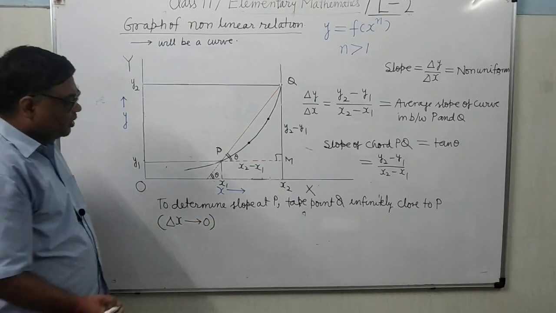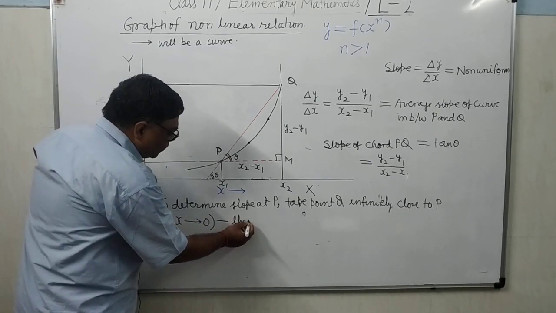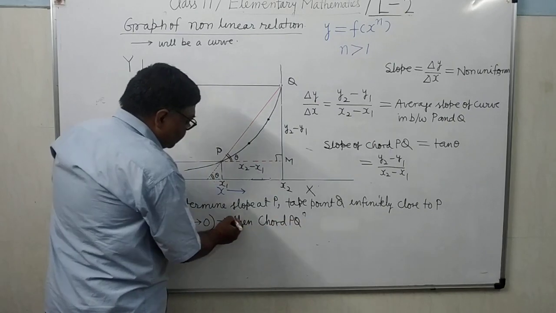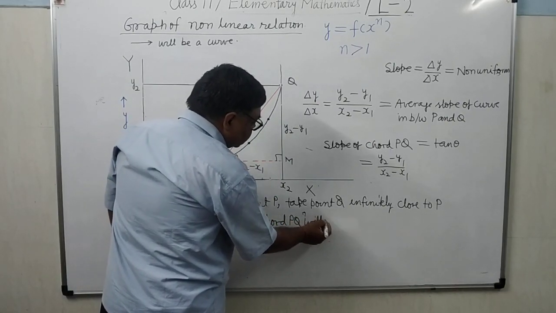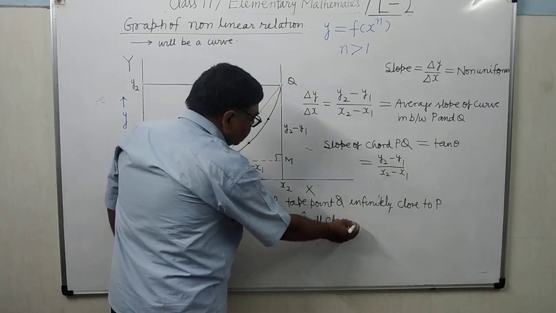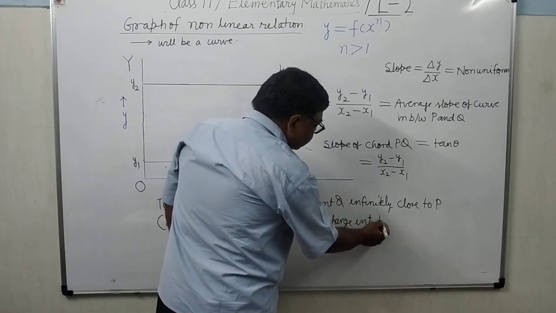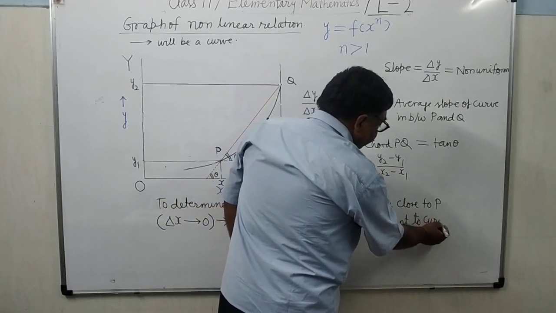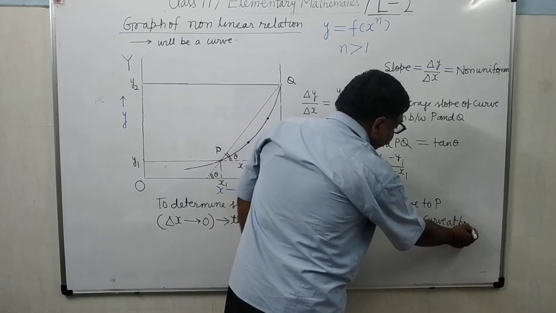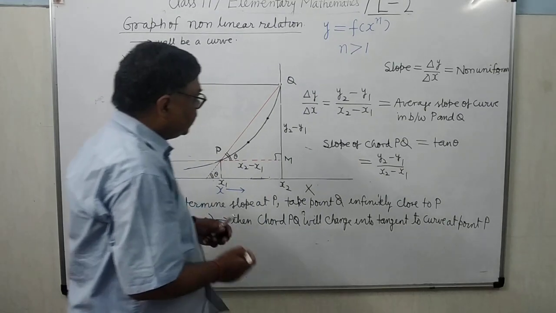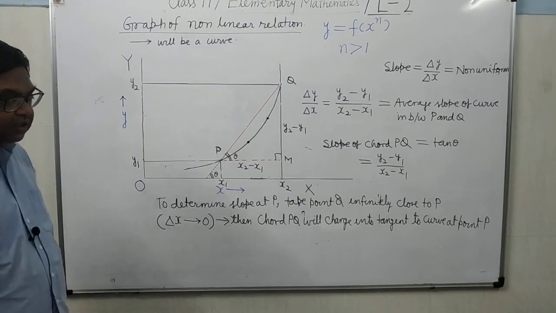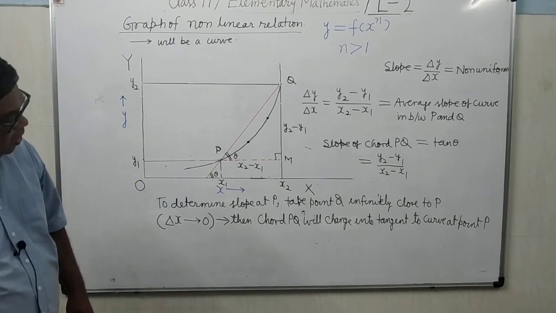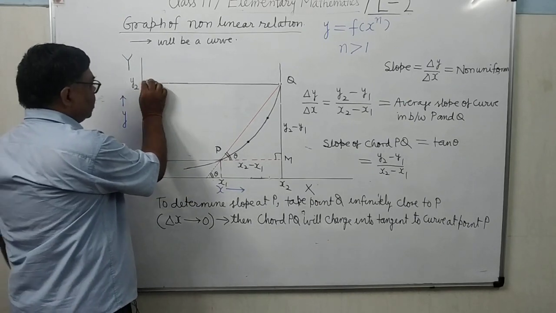It is clear? Then chord PQ will change into tangent to the curve at point P. Means PQ will become tangent to the curve at point P. Means if I show you here, it will be like this.